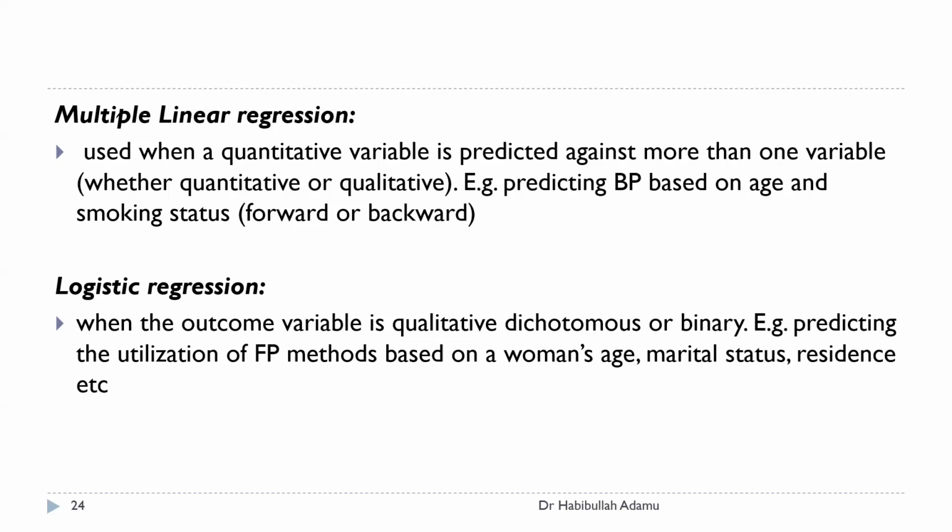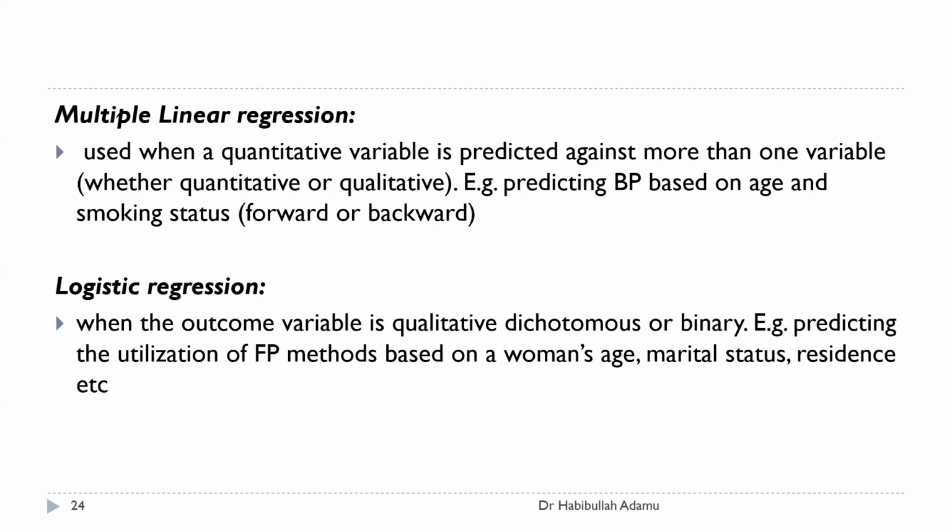If the dependent variable is a quantitative variable, you use what? You use linear regression. Please, once the dependent variable is a quantitative variable, use linear regression. If the dependent variable is a qualitative or categorical variable, use logistic regression.